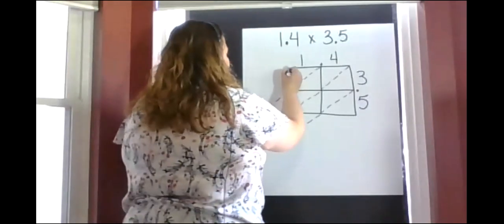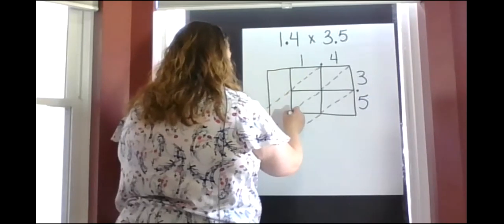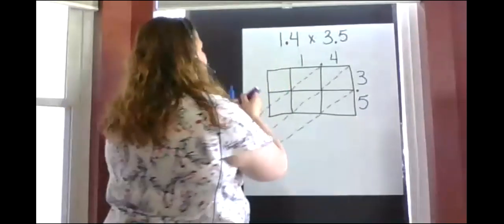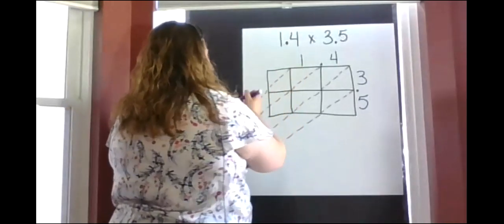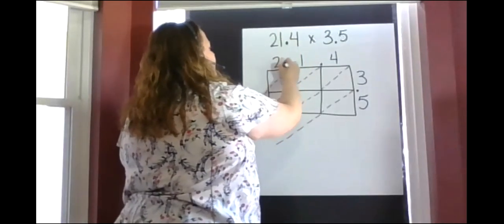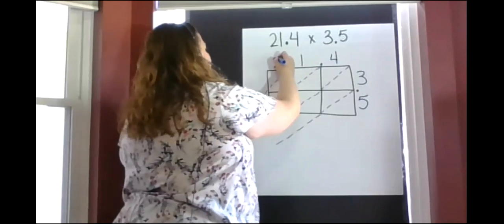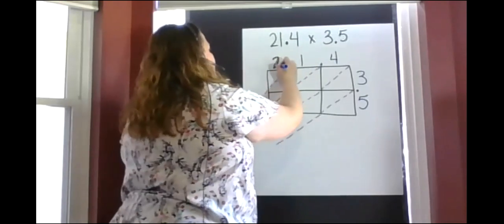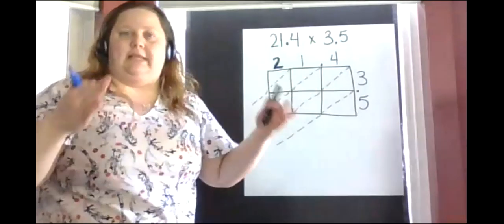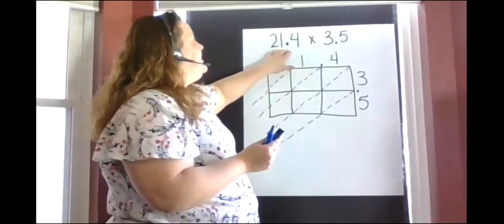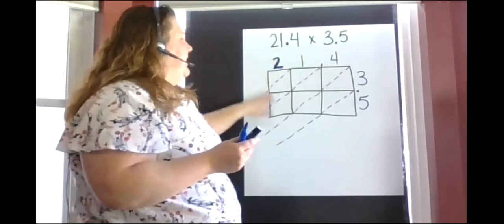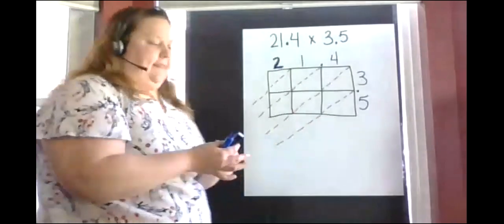Oops, wrong color. So even if you have numbers that are not the same length in digits, now I have this 3-digit number times this 2-digit number, and really it's got decimals in it, but you can just make the boxes that you need to represent the number.